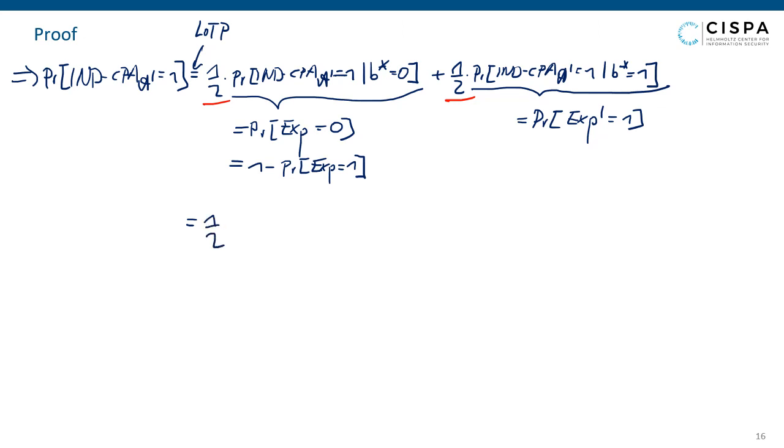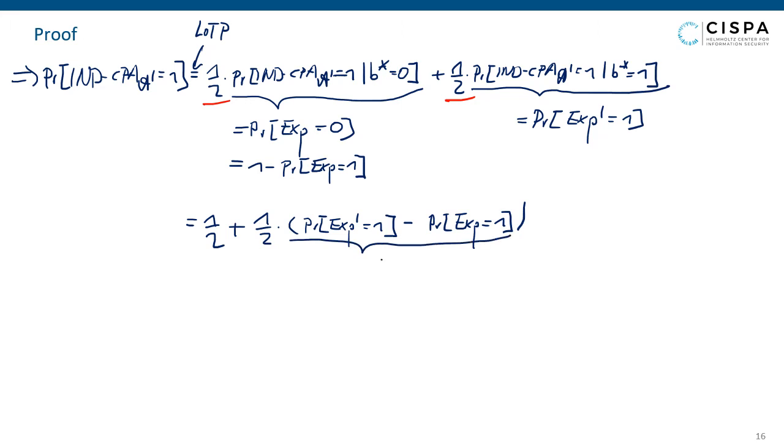This comes from this 1, plus 1/2 times the probability that x prime equals 1 minus the probability that x equals 1. But here, this of course we know is greater than epsilon prime.